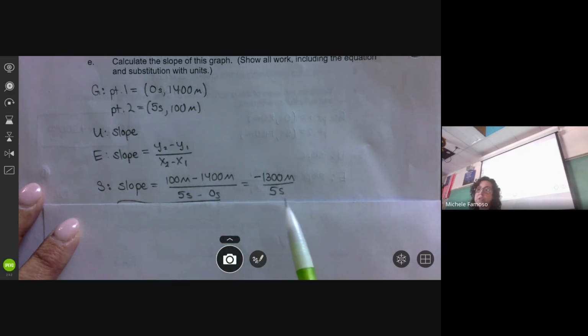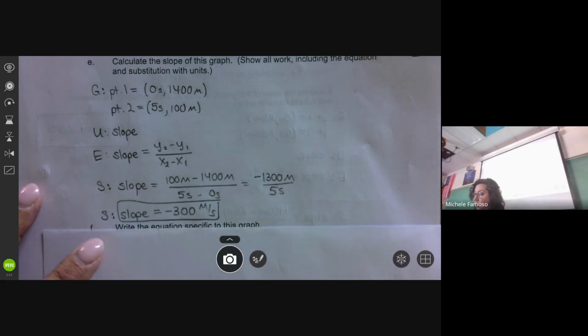Like I showed you yesterday, you're now going to subtract, keeping the precision, negative 1,300 meters over 5 seconds. You now divide it out, getting an answer with proper units and sig figs. And this answer will have only one sig fig because of the 5 seconds in the denominator, which gives us an answer of negative 300 m/s.